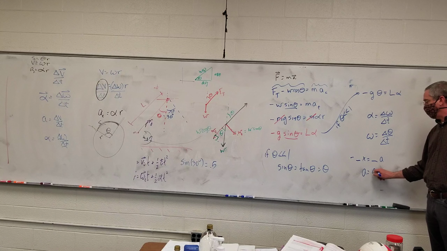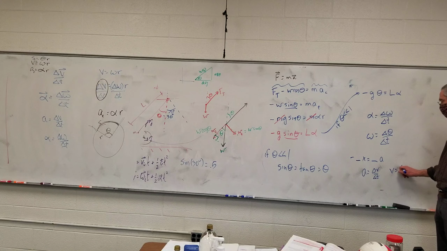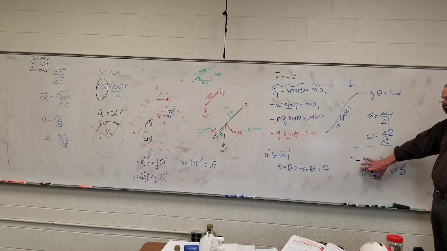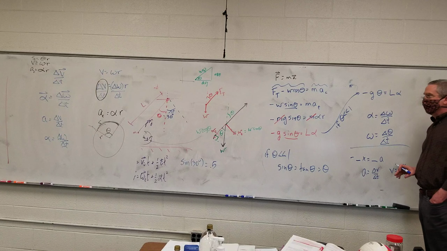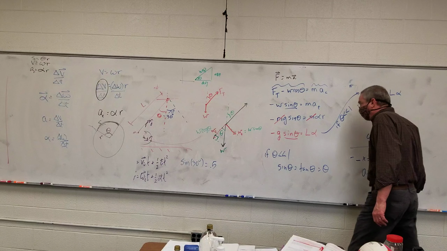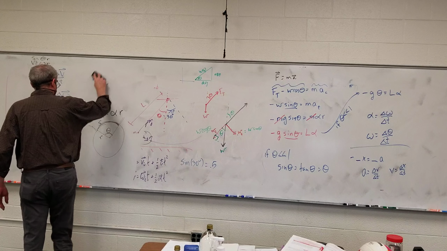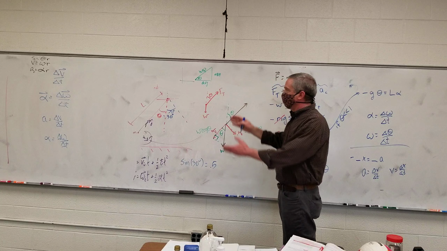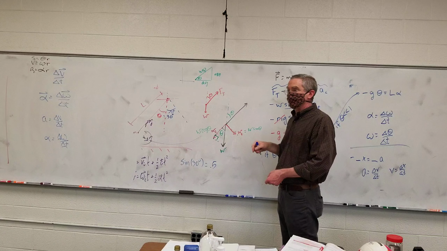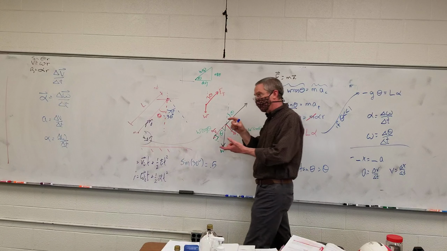A is the change in speed over the change in time, and speed is the change in position over the change in time. We have a set of formulas we've already done for this, we can now apply to this. Is the L just R? Yes, L is the length of the pendulum. Typically, in textbooks, they generally make L the length. But it's also a radius if you want to stick with R, just so long as you know what it is.